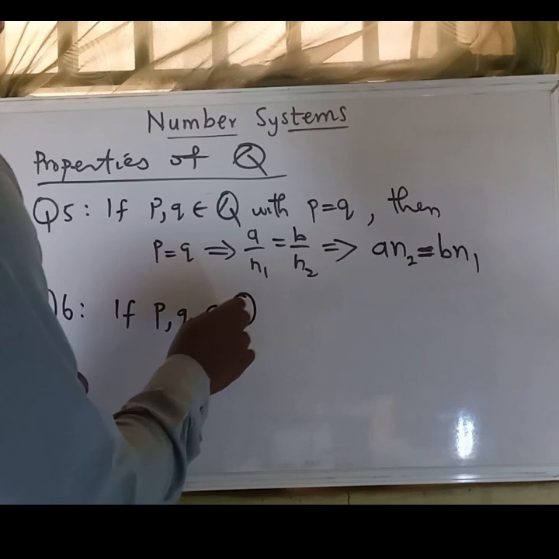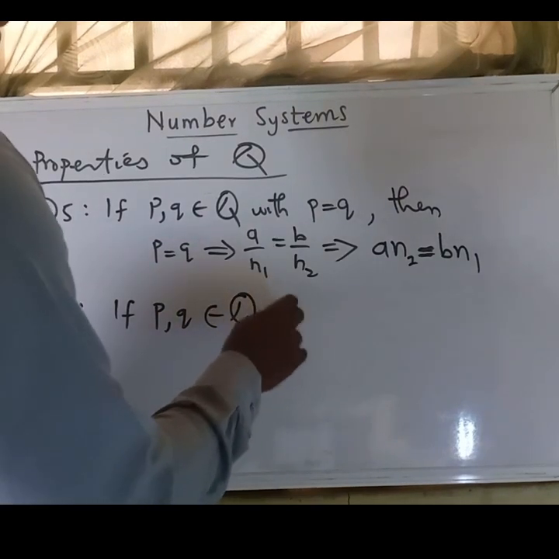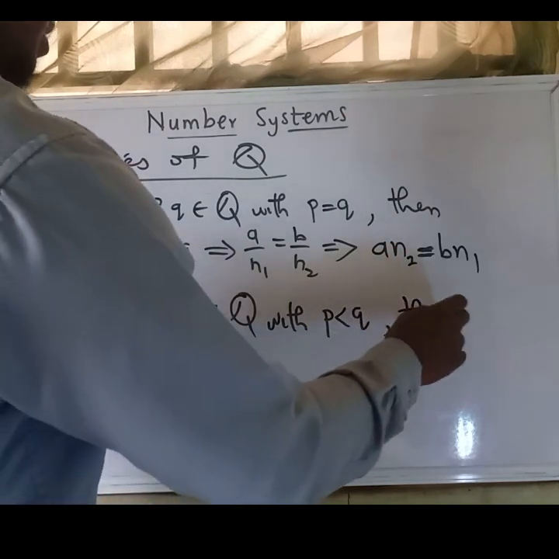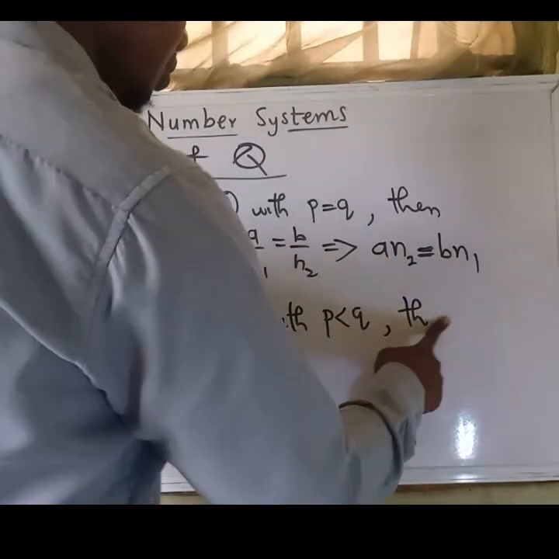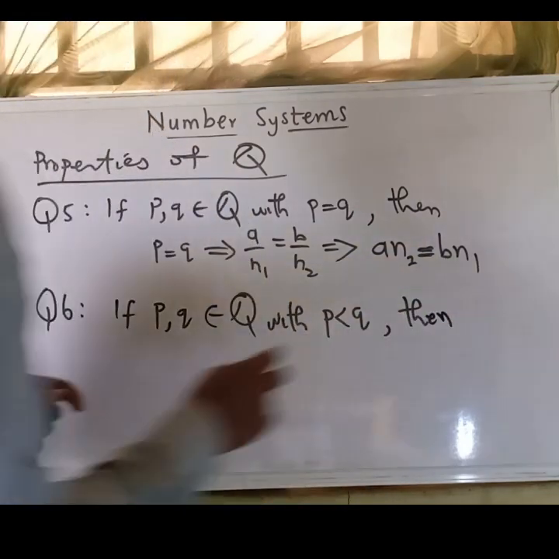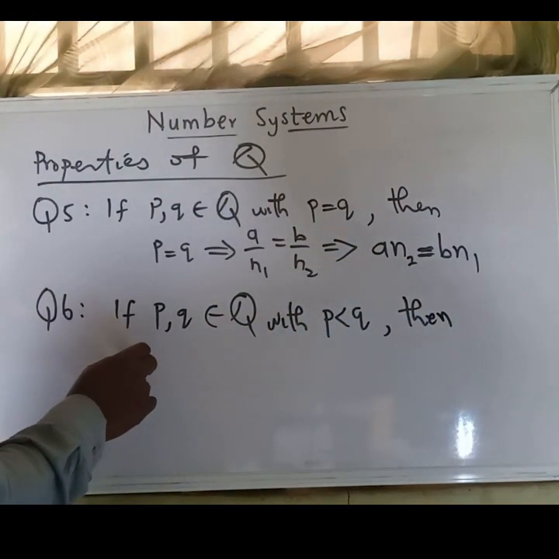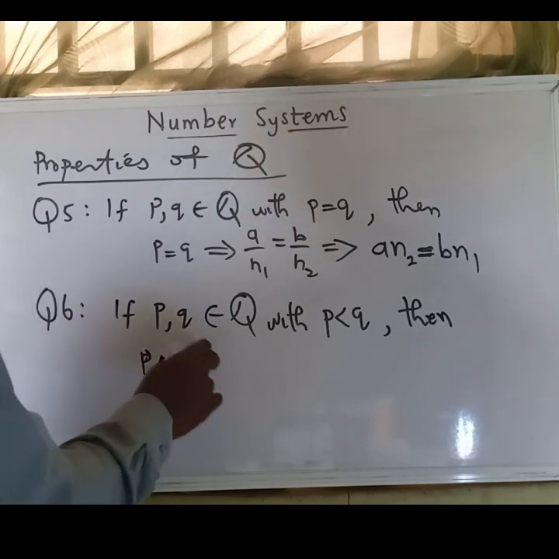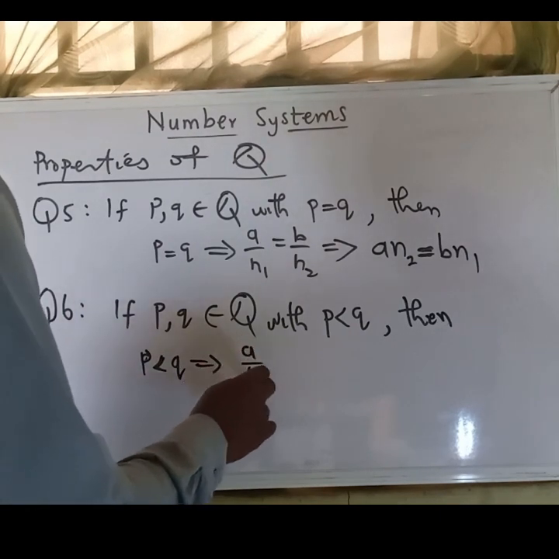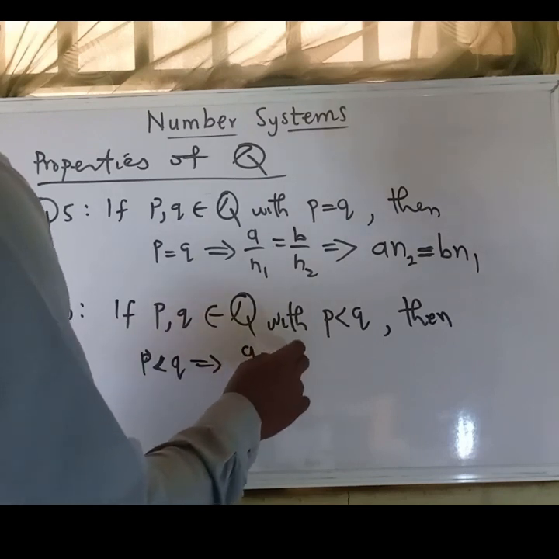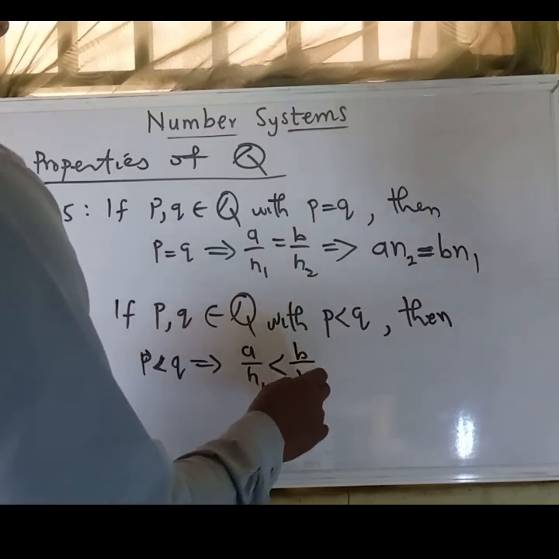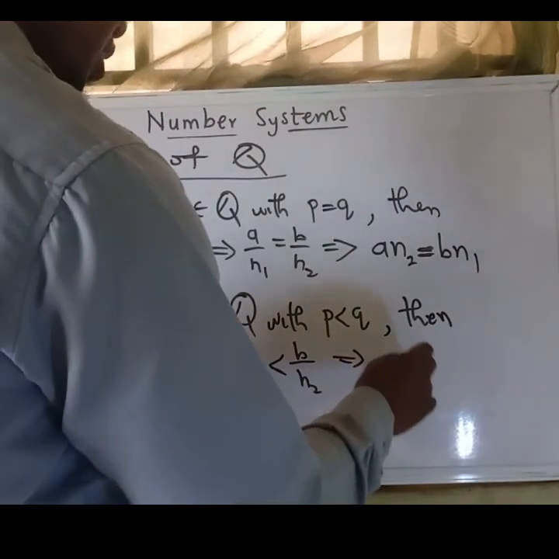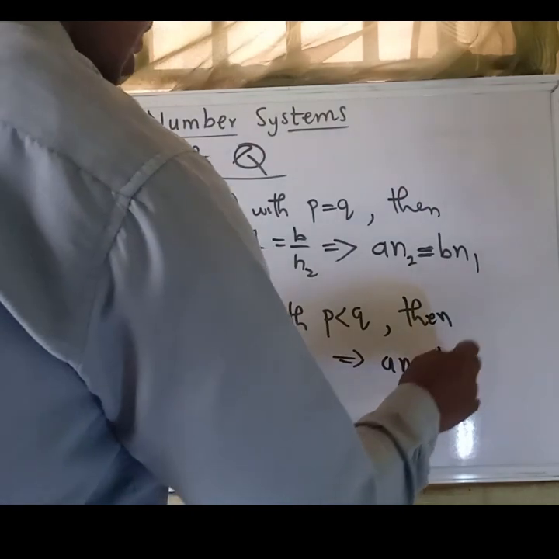If P is less than Q, then we can say this also means this, and by cross multiplication, this is also AN2 less than BN1.